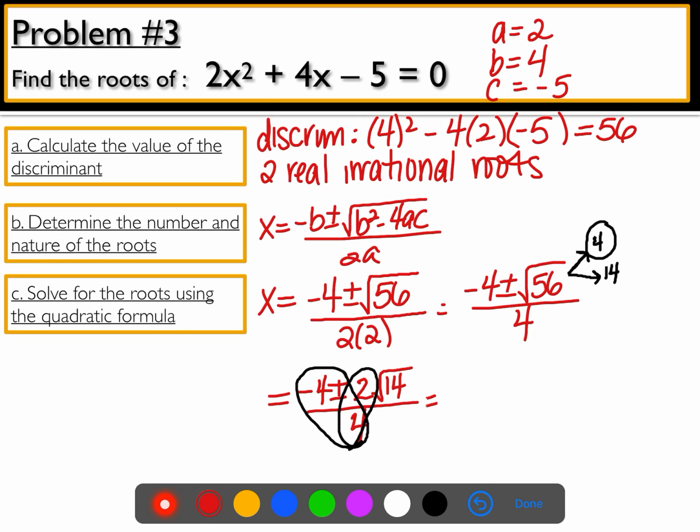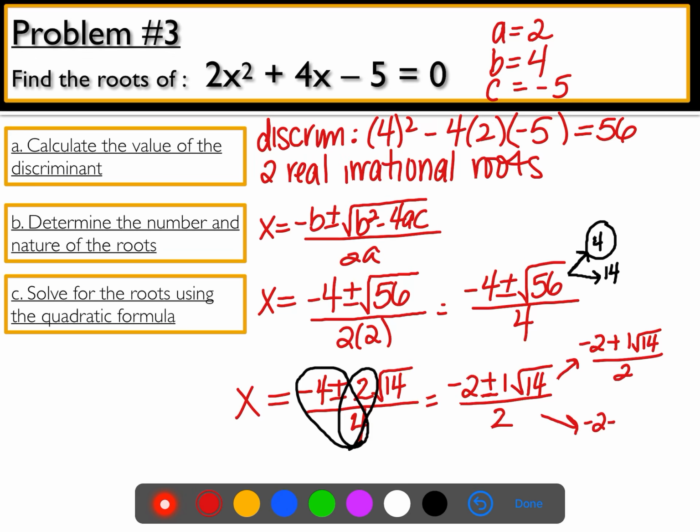Okay, so I can simplify all of this by 2. So this becomes -2 plus or minus 1 square root of 14 over 2. Okay, now you can leave this all together as one big expression. You could also split it up with the plus or minus.